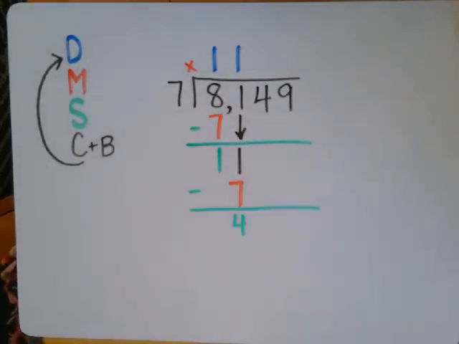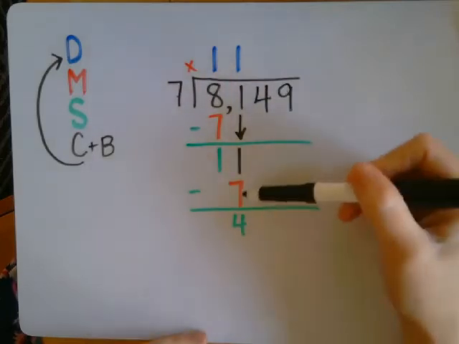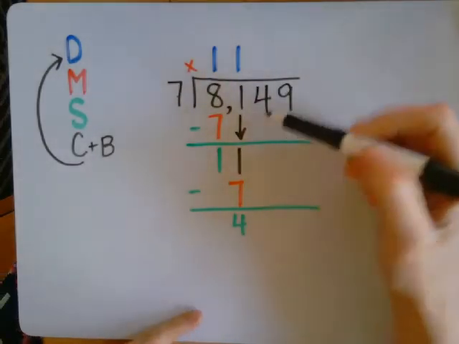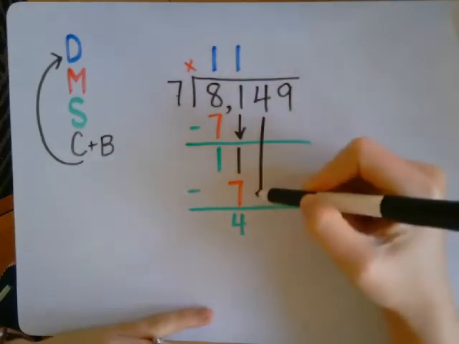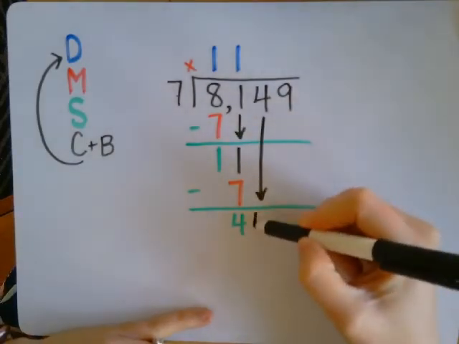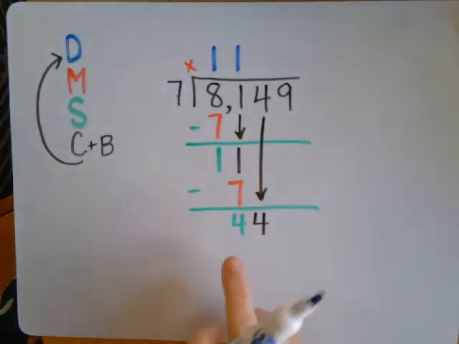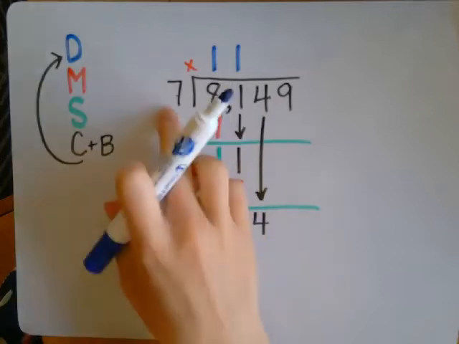All right, next step is check and bring down. 7 times 1 is 7. 11 minus 7 is 4. Then I need to bring down the next number, which is also a 4. Now I can start over with the divide. I need to divide 44 by 7.